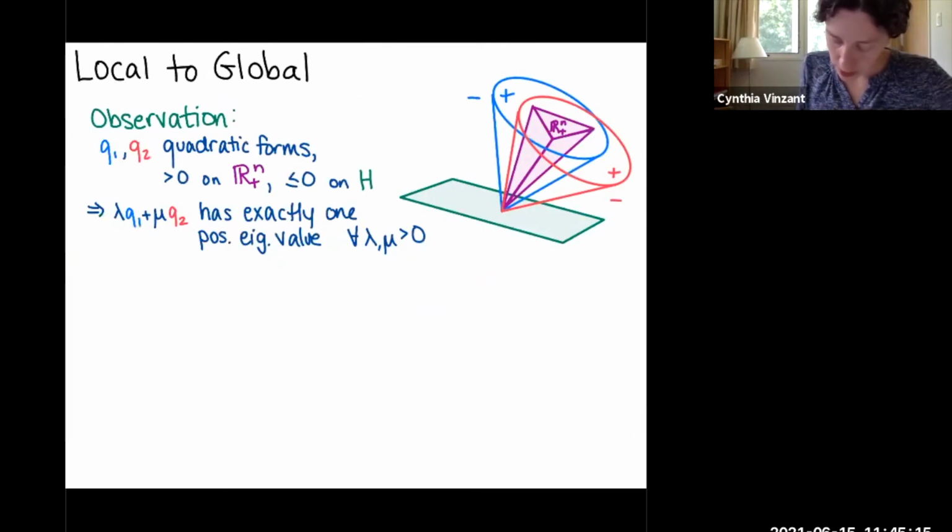And so actually one can use these observations on the slide before to try and characterize strongly log-concave polynomials. In particular, if you have quadratic forms like the Hessians on the page before, that take positive values on the positive orthant and are negative on some hyperplane, then any convex combination of these is also going to have the same property: it takes positive values on the positive orthant and negative values on this hyperplane.